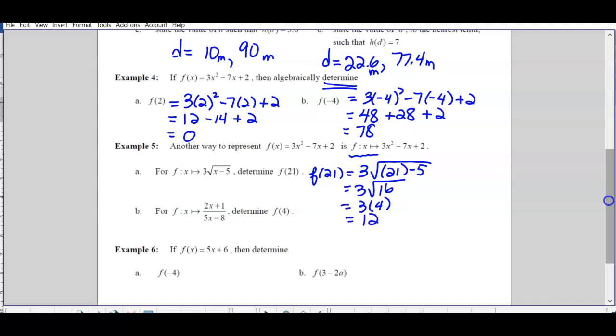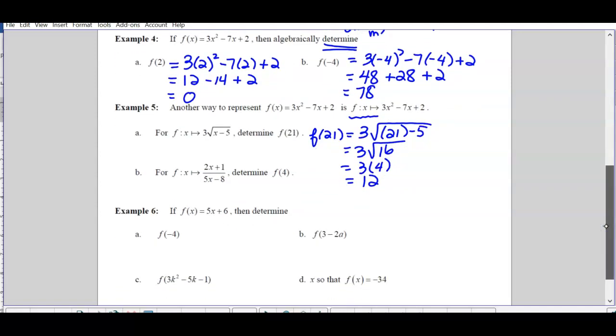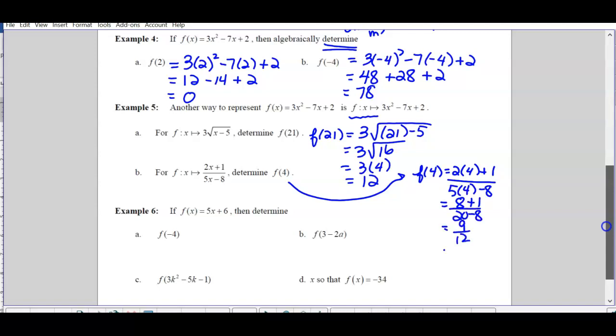Okay. Next one is a rational. So I'm going to fit it in over here. That's going to be, so F of 4 is going to be 2 times 4 plus 1 over 5 times 4 minus 8, which is 8 plus 1 over 20 minus 8, which is 9 over 12, which reduces to 3/4.